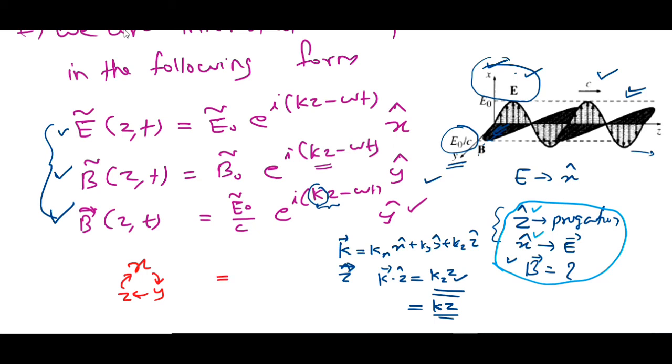We have the propagation direction, that is along z, cross the electric field direction, that is x cap, then z cross x, that is the cyclic order, therefore this is positive y.